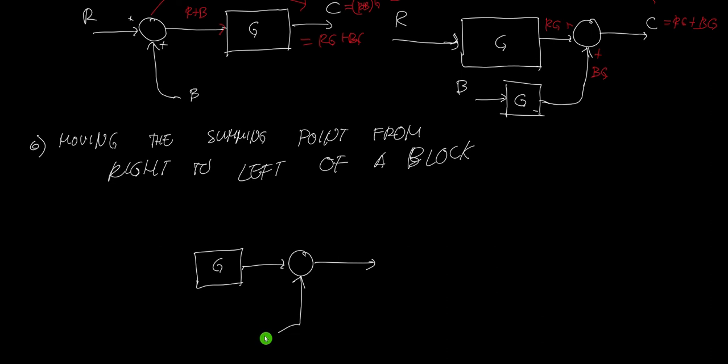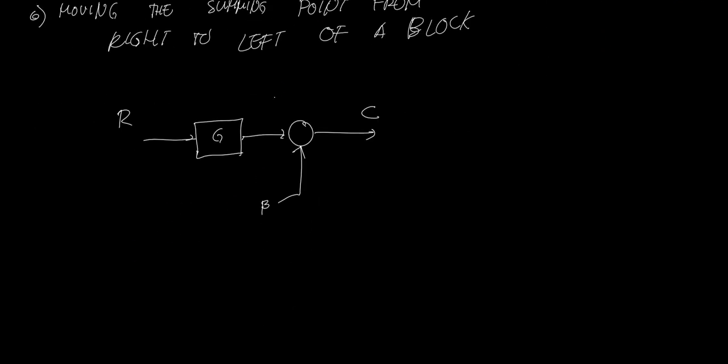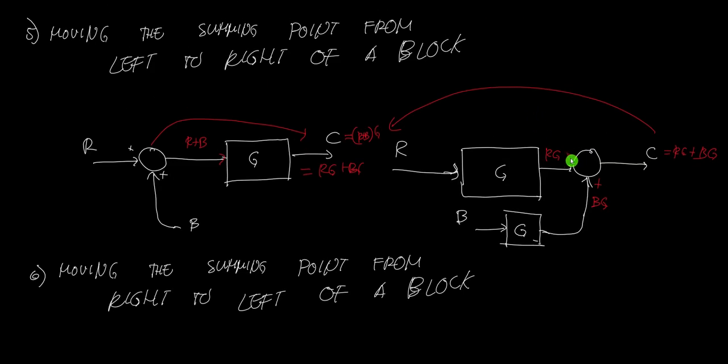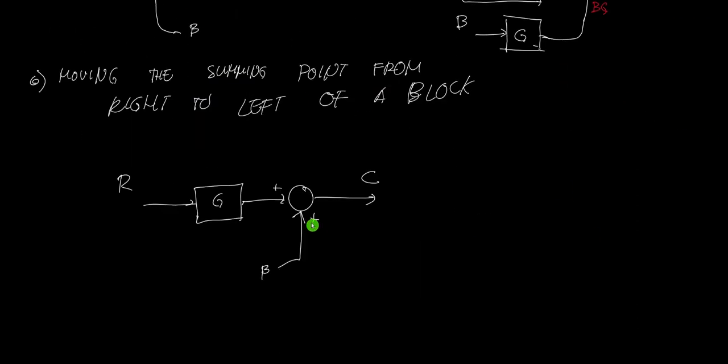Let's call this one B, and this will be our C, and we have an input R here, and let's just assume this is plus and plus. And remember, if this is not plus and plus, this also changes. If this is minus, then this will be minus B times G. So if this is minus here, then it should be minus also. So it's just the same.